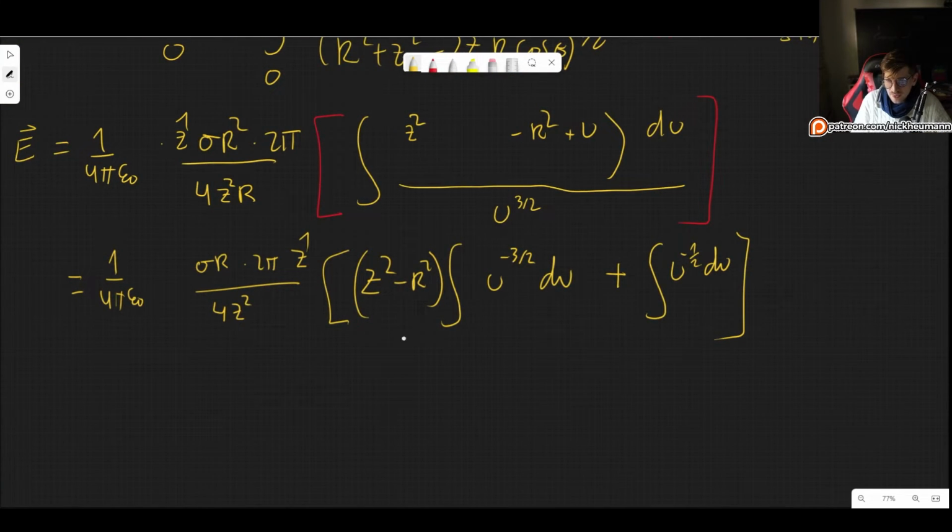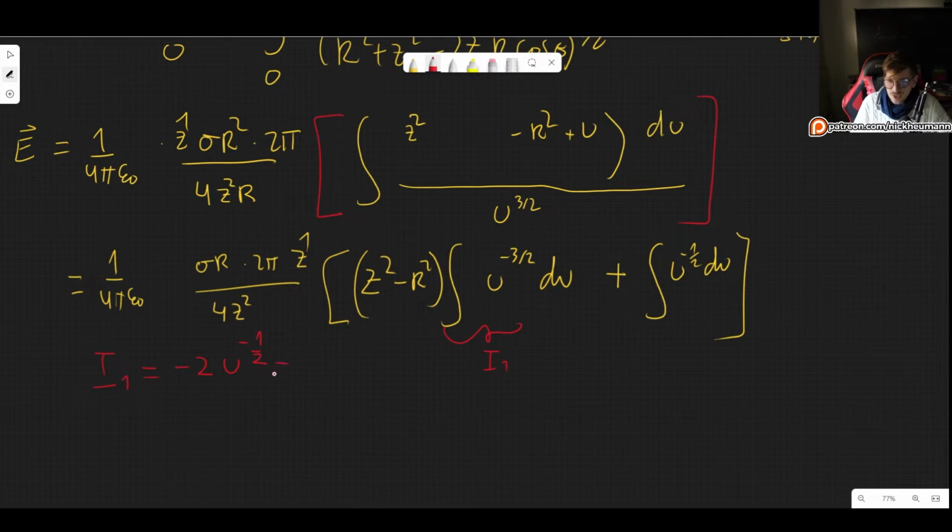So this integral right here, maybe let's just do it here so we can then plug it in. So I1, which is going to be this, is simply going to be minus 2 u to the minus 1/2, right? Because we take the derivative, minus 1/2 goes down, it cancels this, and we end up with u to the minus 3/2. So that is the first part. And then we have to undo the substitution.